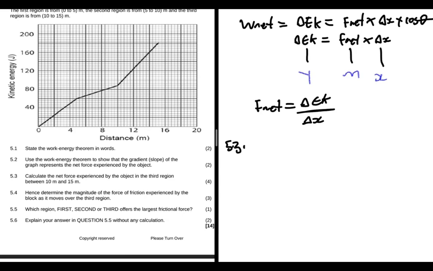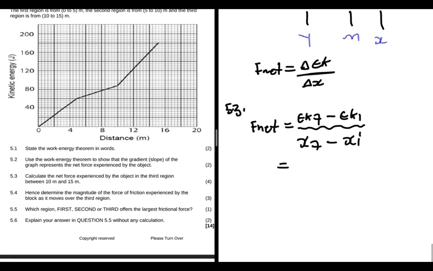5.3 says, calculate the net force experienced by the object in the third region between 10 meters and 15 meters. So for F net, we're supposed to find delta EK and delta x. So F net equals EK final minus EK initial, divided by x final minus x initial.